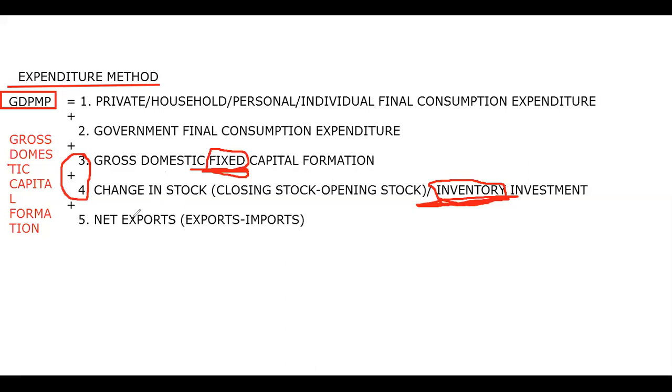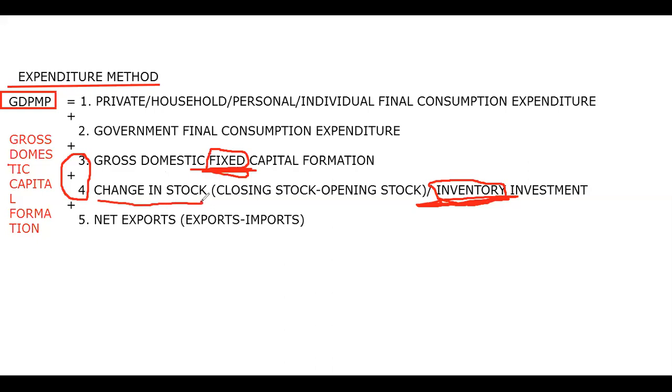So what point you need to keep in your mind? You have to check whether the third element is given with the fixed word or without the fixed word. If it is given with the fixed word, which means this is the fixed investment only, you have to take the change in stock in that case.